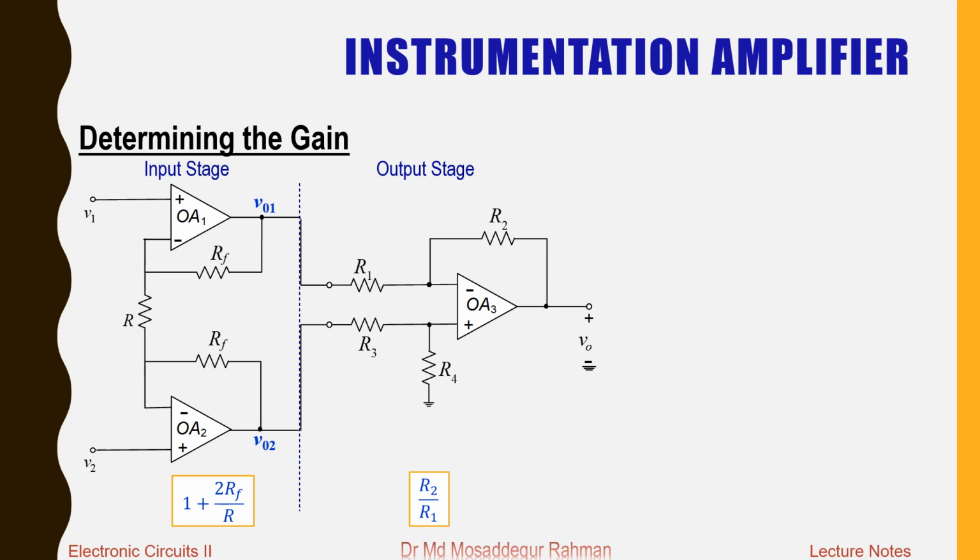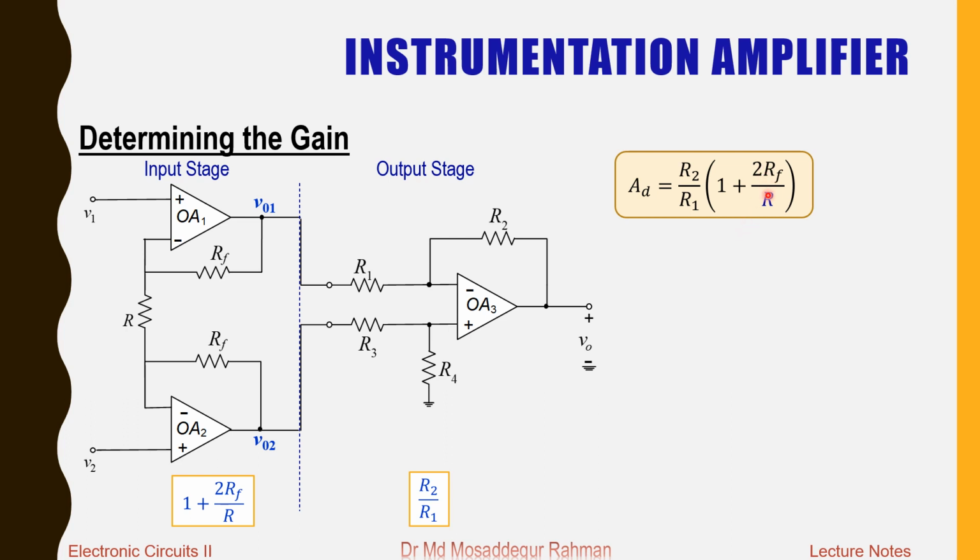So with this modification of the difference amplifier circuit, replacing the two R's by one single R, we get a gain that is even higher than our gain before the modification of the circuit.